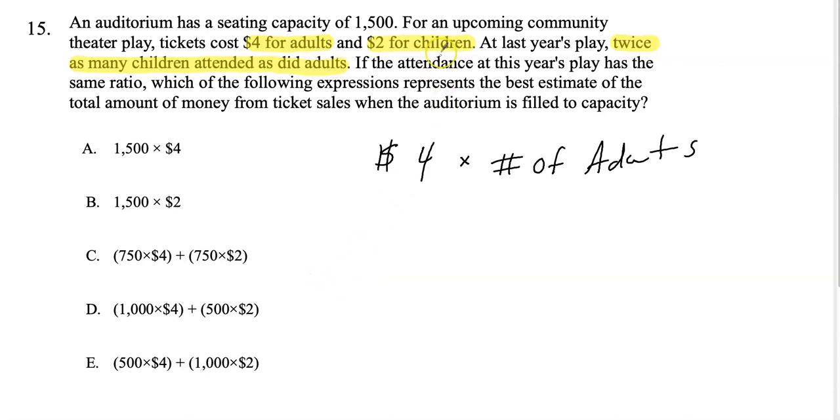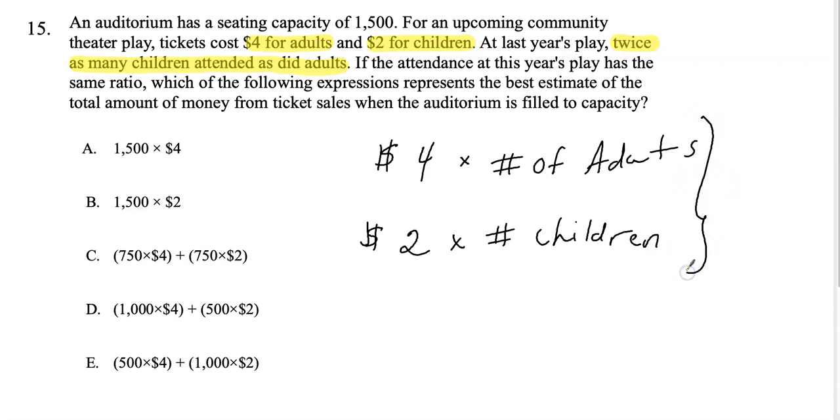And the children is $2. It's $2 for the children. So I'm going to take $2 times the number of children that attend. This will represent my cost. Or it's not my cost, but the total amount of ticket sales.